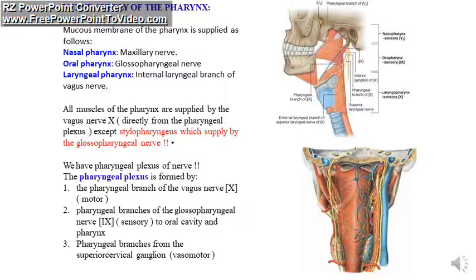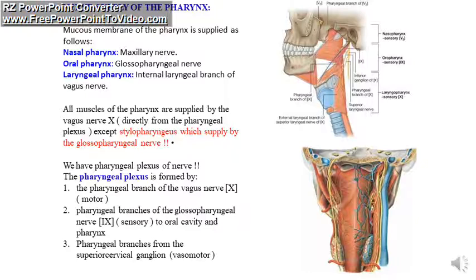So we have three cranial nerves supplying the pharynx: the trigeminal through the maxillary branch, the ninth cranial nerve through the oropharynx branch, and the laryngeal pharynx through the internal laryngeal branch of the vagus nerve.